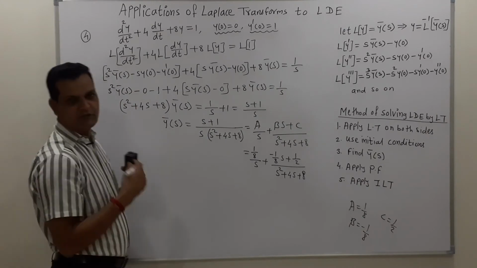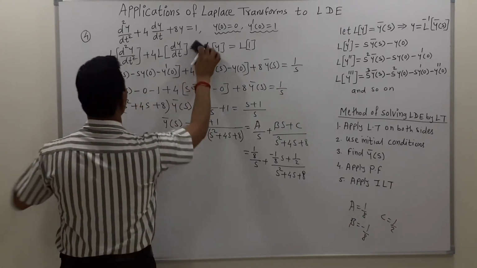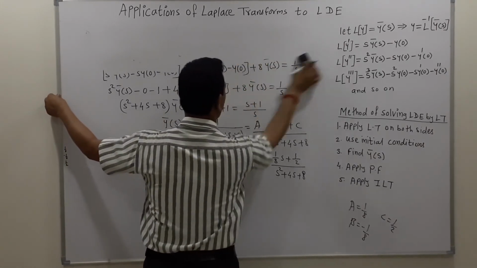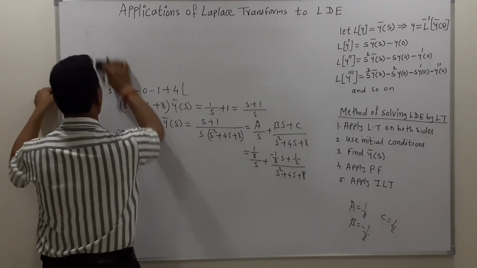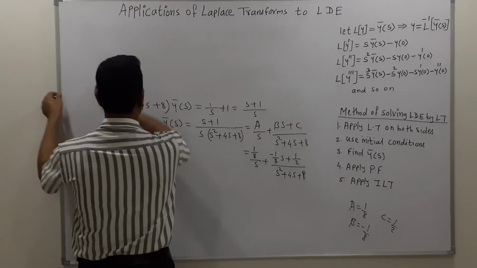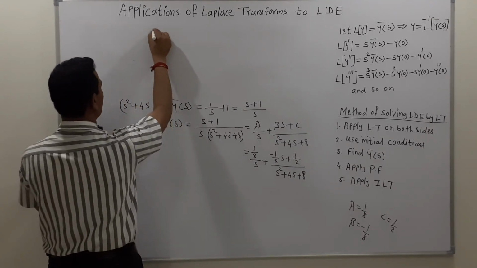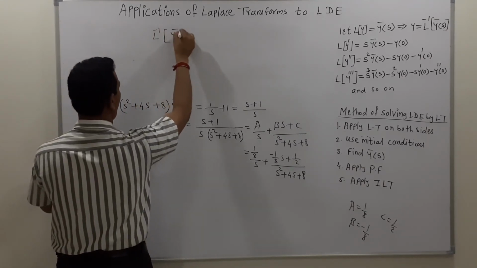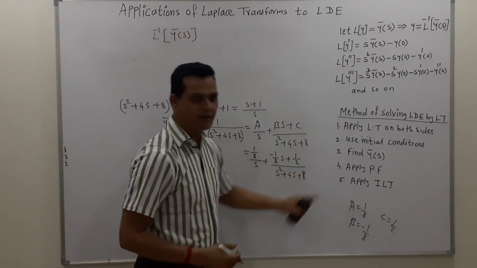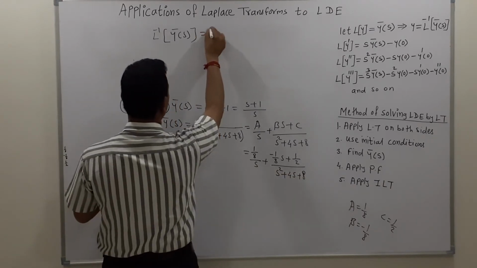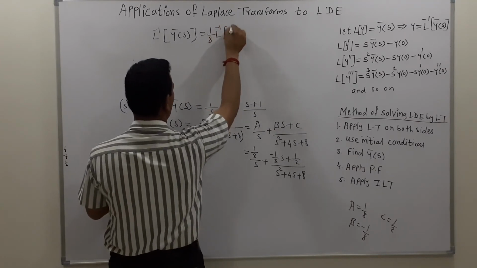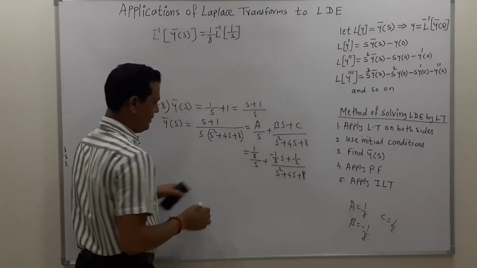So now take the inverse Laplace transformation on both sides. So if we take the inverse Laplace transformation of y bar of s on both sides, then we get the next step. So this is our step number 5, which is equal to 1 upon 8 into inverse Laplace transformation of 1 upon s.